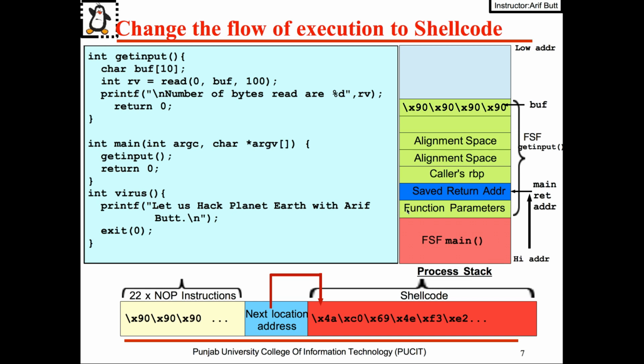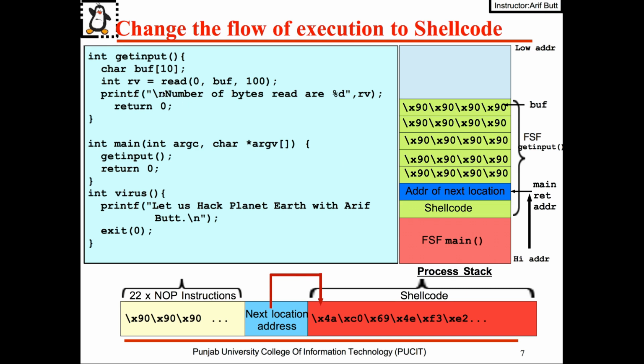Let me show you this. We will give the input, it will keep overwriting it, and after 22 no operation instructions we will write this location. Instead of B's we will overwrite it with the address of this place, and over here we have our shellcode.